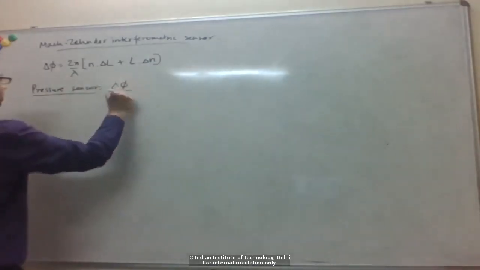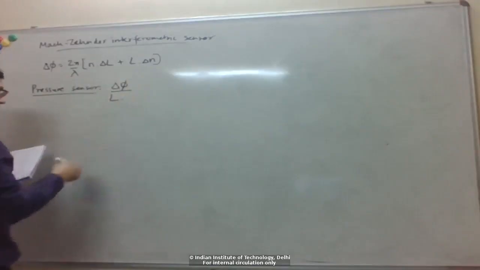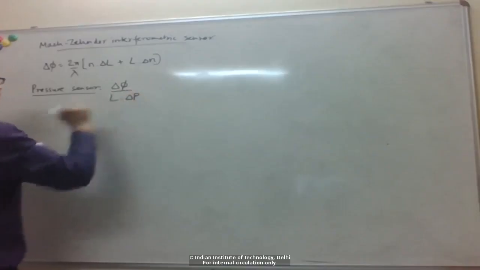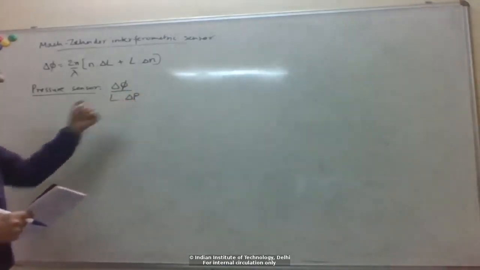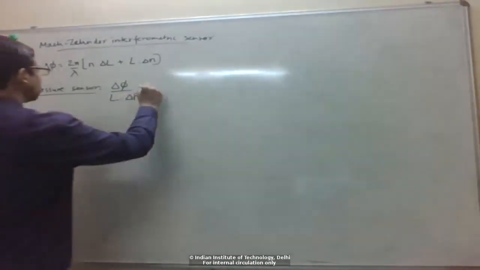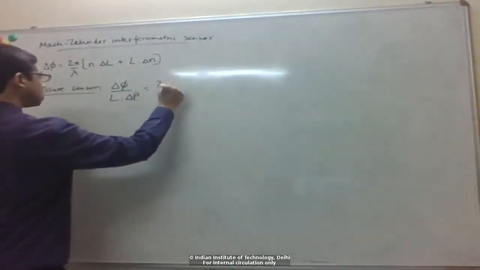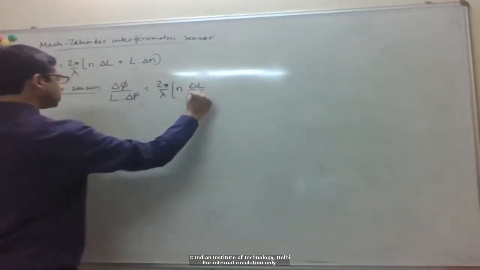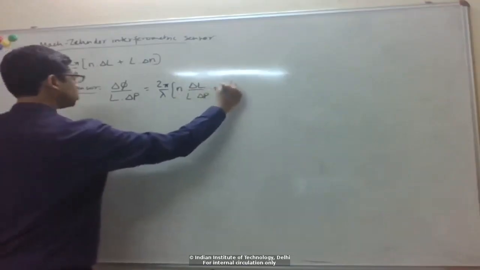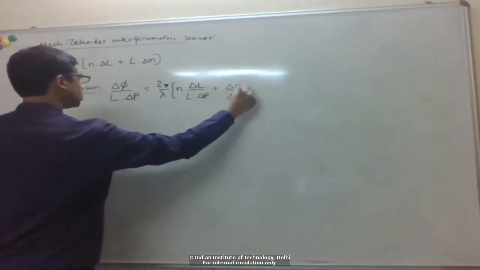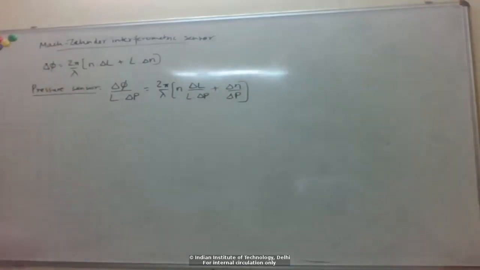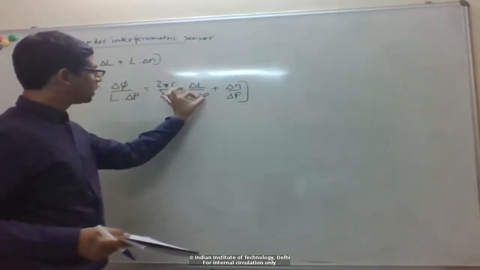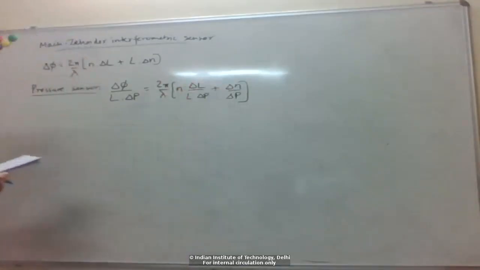So the phase change per unit length of the fiber arm for a given change in some pressure delta P. Right, so from here you can write it like this. So basically again, the signal depends on the change in the length due to the pressure and the change in the refractive index due to the pressure.